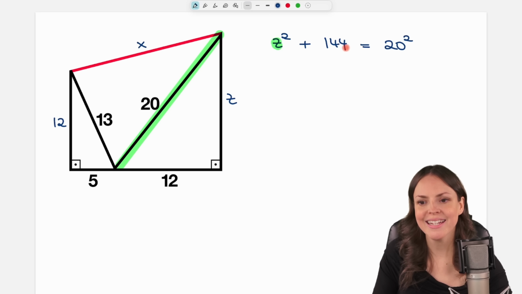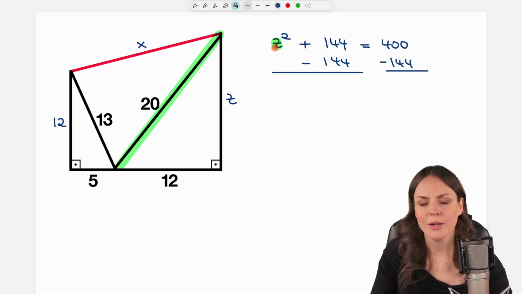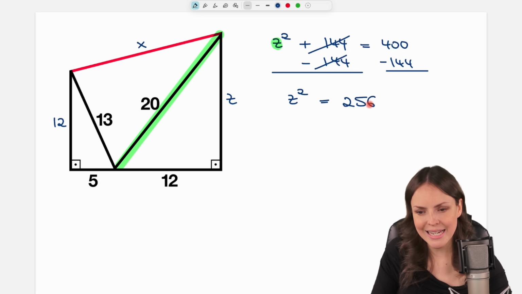To solve for z, we first calculate 12 squared equals 144. We just had that. 20 squared equals 400. To solve for z, we get rid of the 144, so let's subtract it on both sides of the equation, so that we have z squared here, because this cancels out on the other side. If we subtract, we get 256.